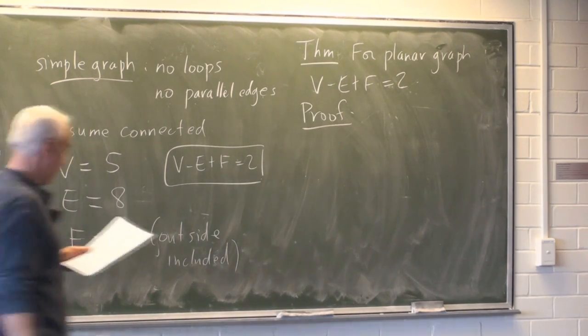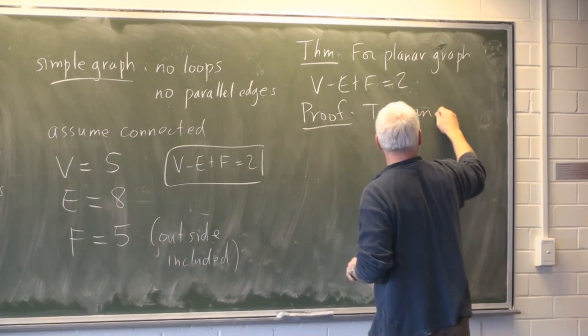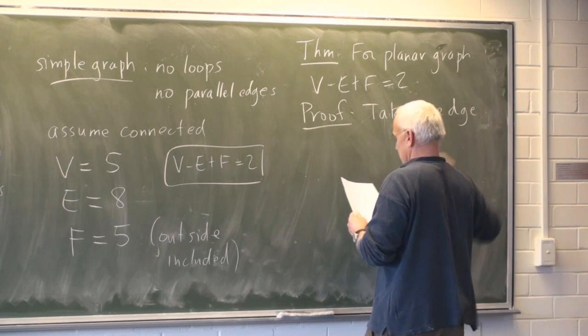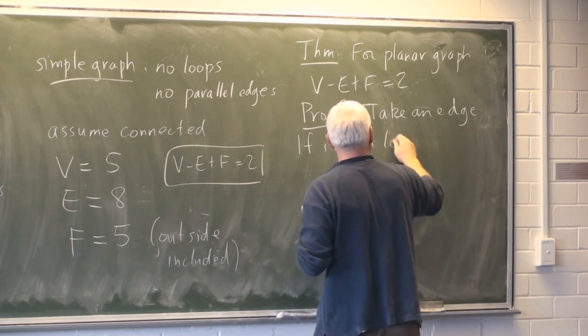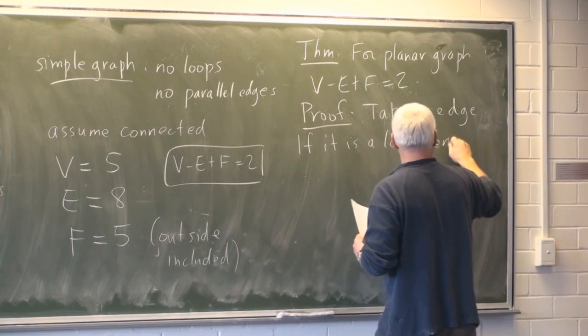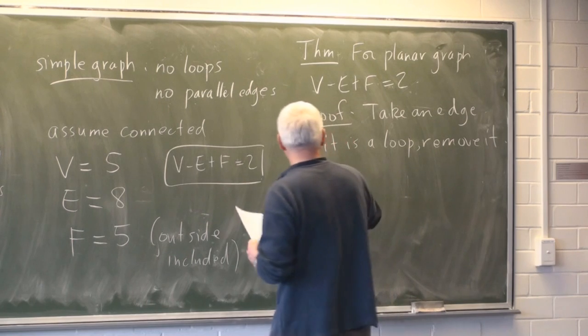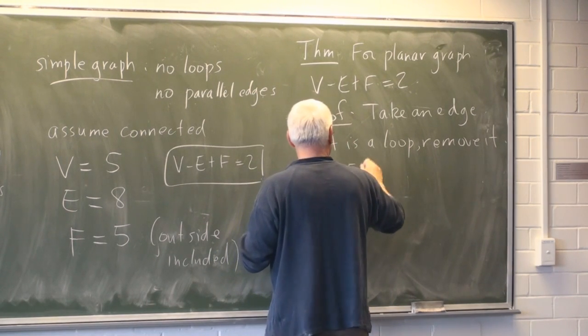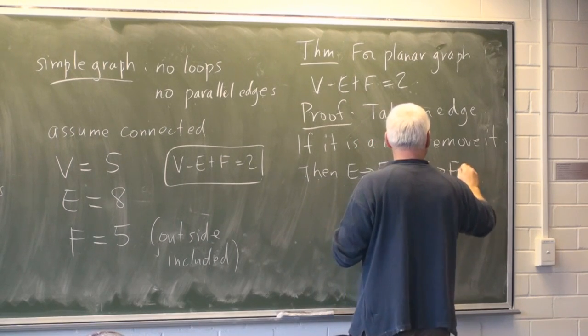Okay, so here's a proof. Take an edge. If it is a loop, remove it. Then E goes to E minus 1, and F goes to F minus 1.